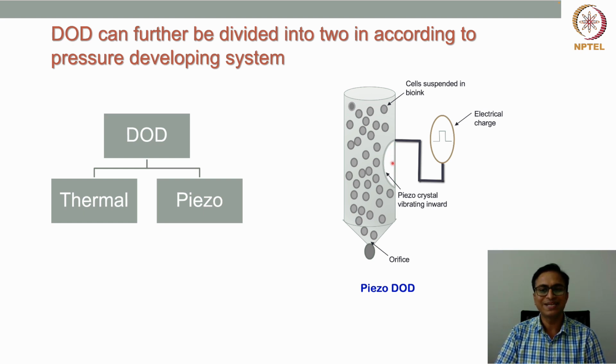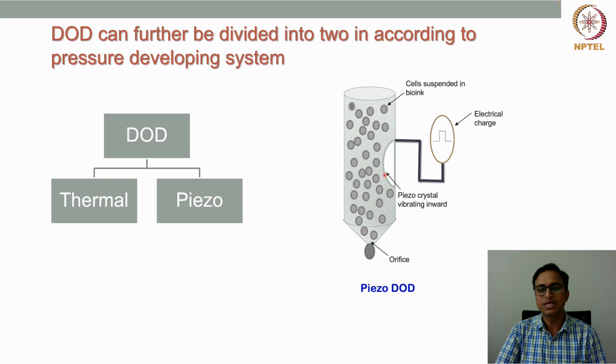Due to the vibration, it creates a pressure on the liquid column, and due to this, the droplet will be ejected from the nozzle, right? So based upon the vibration, the droplets are created, right?